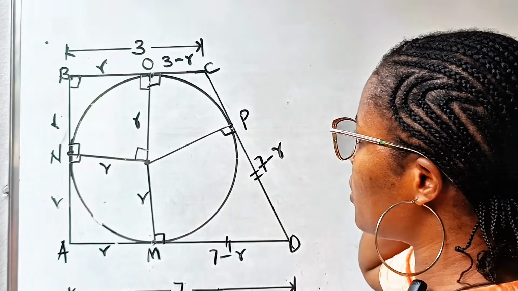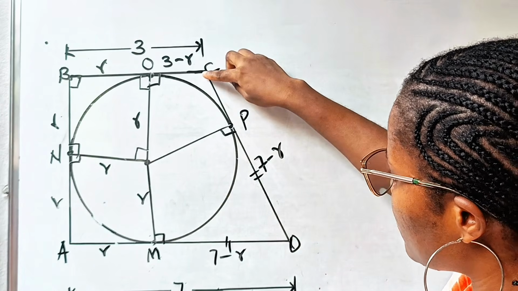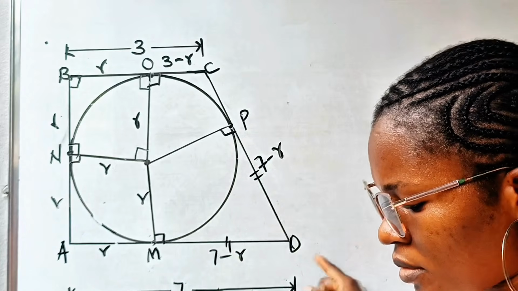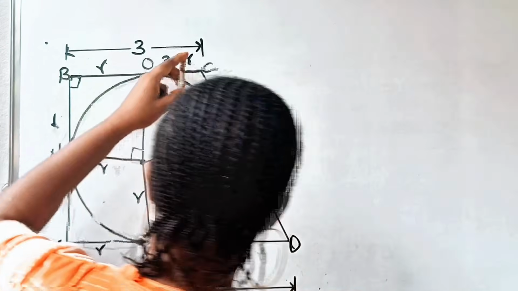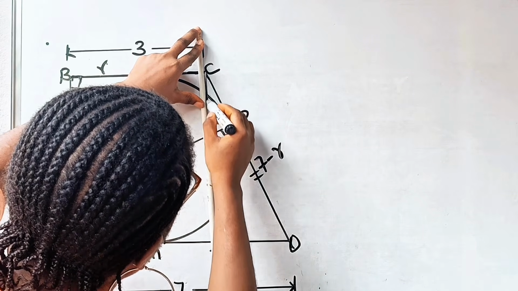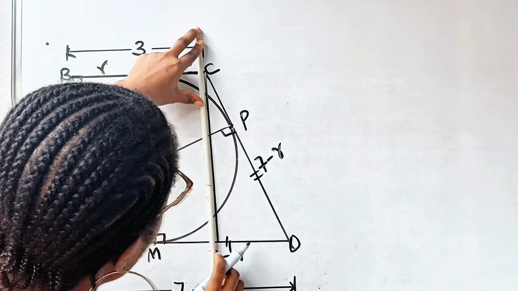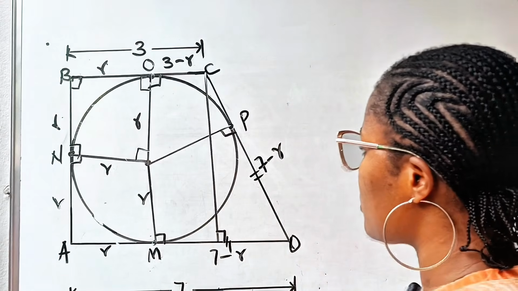Since we have done this, I want us to drop a perpendicular from C to MD. So this is a perpendicular. Alright.